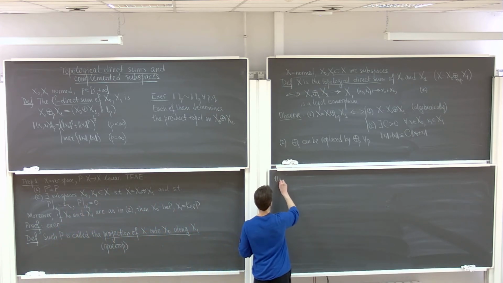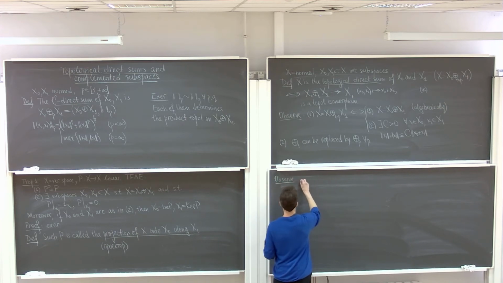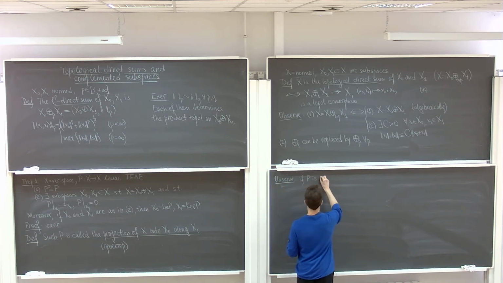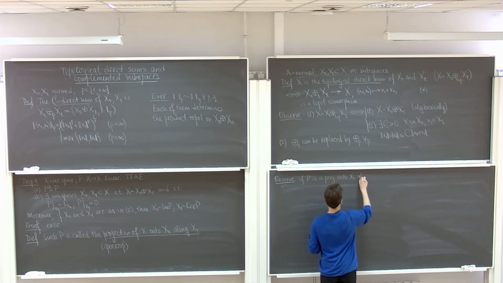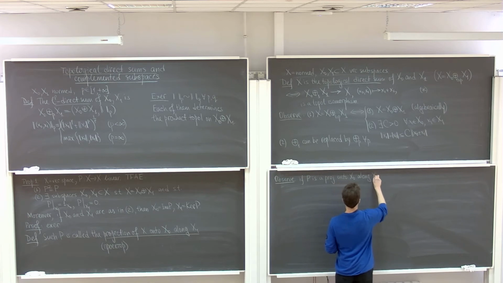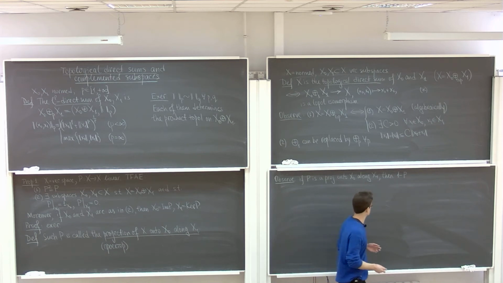Let's also observe, it's very easy but convenient and useful, that if P is a projection onto x0 along x1, then 1 minus P, where 1 is the identity map, is also a projection.